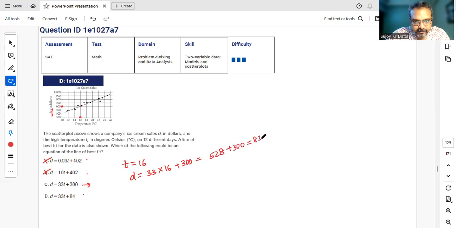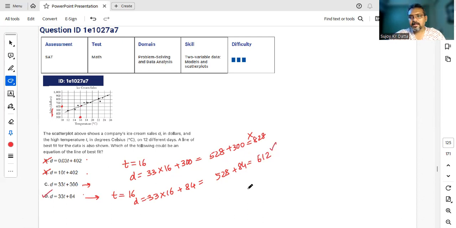That is around 828. But that's not the case. But if I try with this, T equal to 16, then D would be 528 plus 84. That is 612, which is pretty close to what it is. So this looks like the correct answer. So you can mark option D.